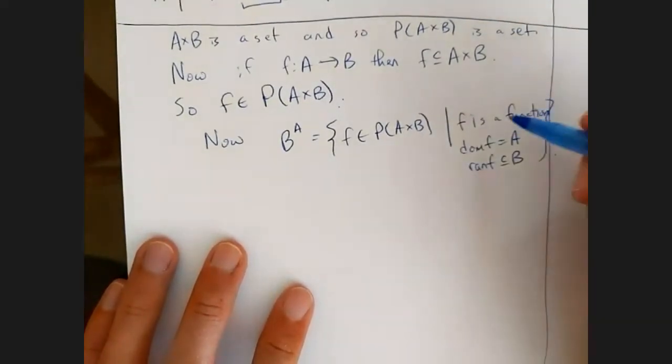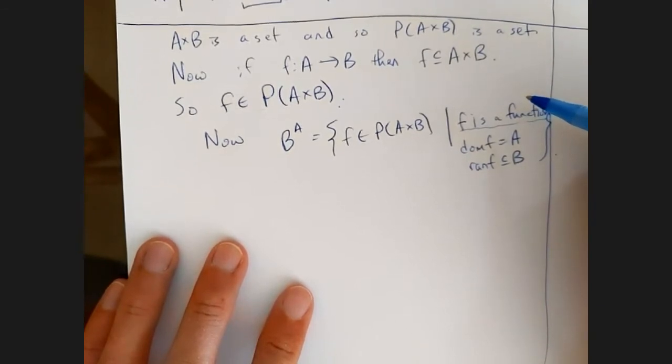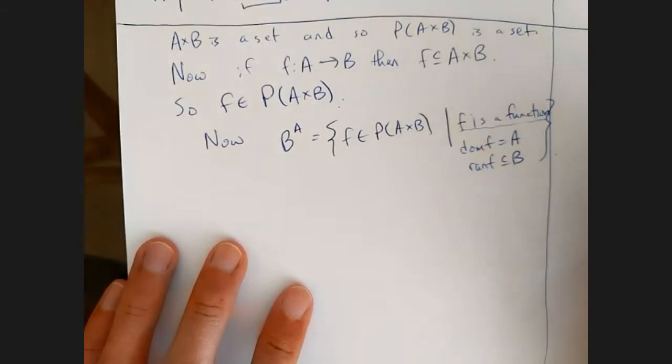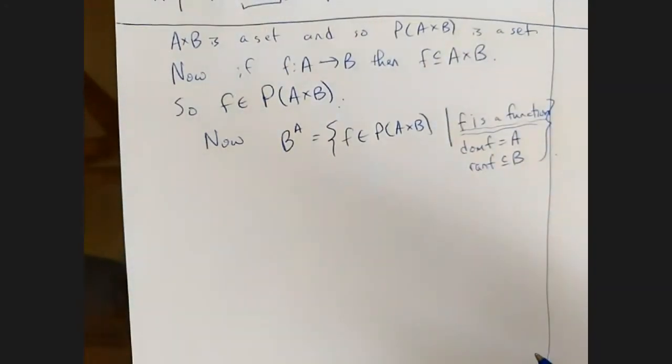And if we wanted to, we could expand what it means to be a function. We would just put that for all A, if (A, B) and (A, B prime) are both in F, then B equals B prime. But we'll just leave it as F is a function. So this proves that B to the A is a set.